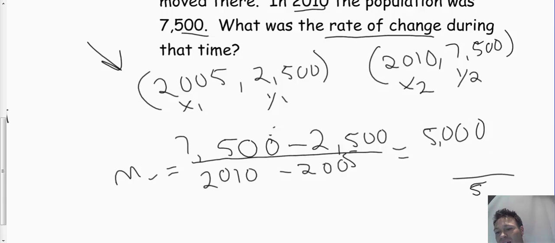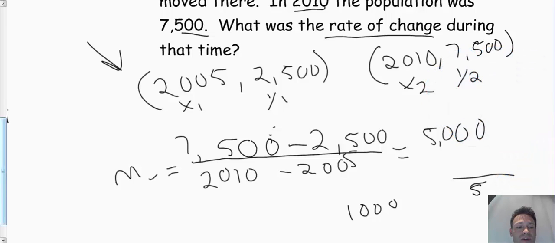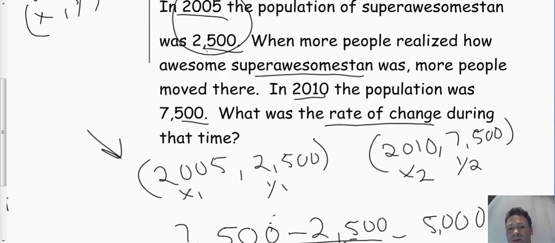Well, that simplifies to 1,000 per year. 5,000 over 5 is 1,000. So I have a slope of 1,000, which means every year 1,000 people moved to Super Awesome Stan. So that's rate of change.